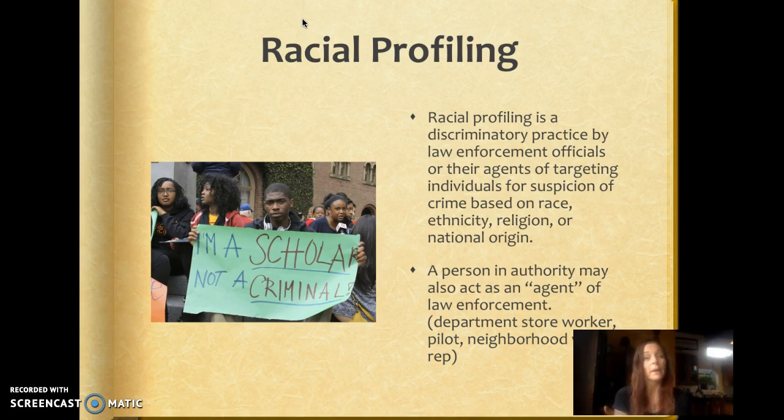It could also be a store manager or anyone who has authority over someone else. This is targeting someone based on suspicion of a crime, but fully based on race, ethnicity, religion, or national origin, because they somehow feel that, because of those things, this person is engaging in that behavior.